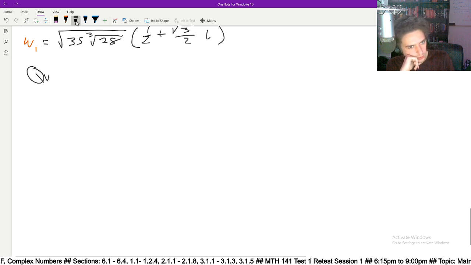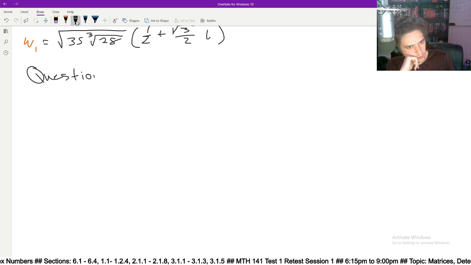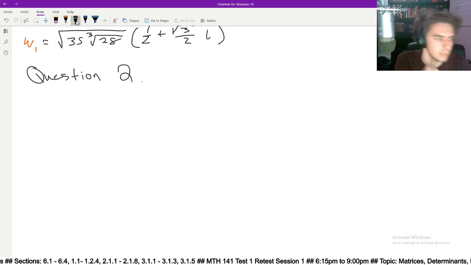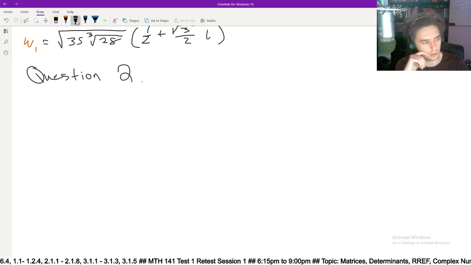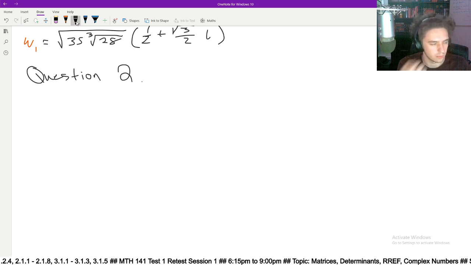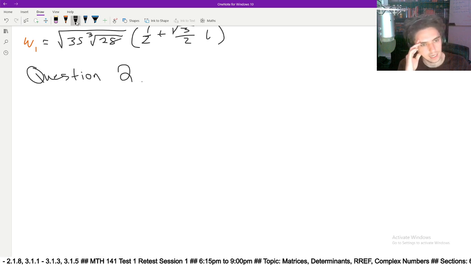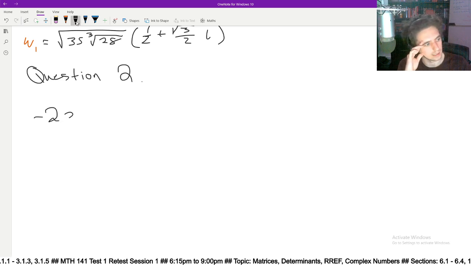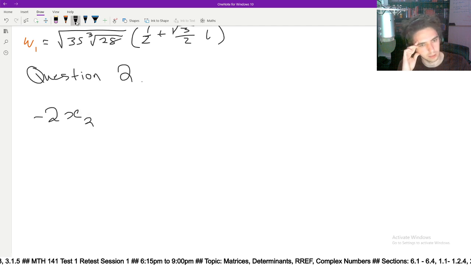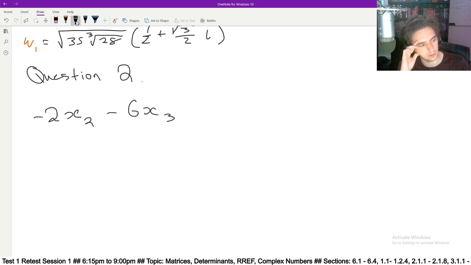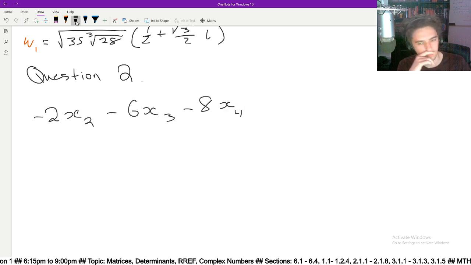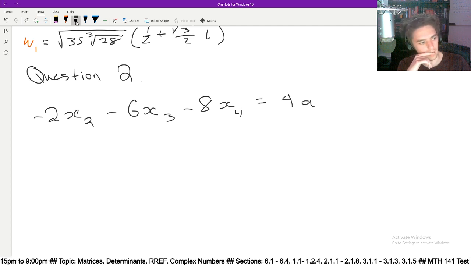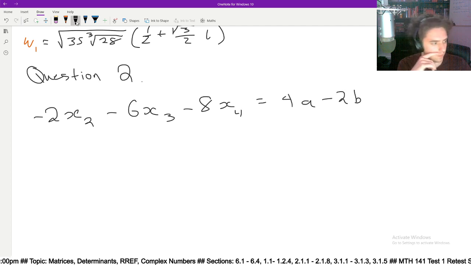So question 2 from the midterm. Find all real numbers a and b such that the following system has no solutions, one solution, and infinitely many solutions. So the system is, for me at least, I guess I do realize it's different for different people, negative 2x2 minus 6x3 minus 8x4 equals 4a minus 2b.